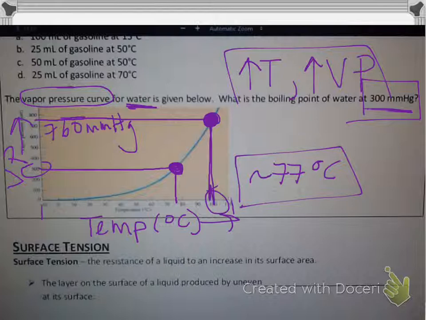The water boils at a lower temperature. So that's the temperature at which water will boil at 300 millimeters of mercury. It's a lower temperature. This can be quite convenient and quite quicker for a chemist to boil at lower pressure versus higher pressure. So that's a vapor pressure curve, and it's very easy to read, and that's how we read it.